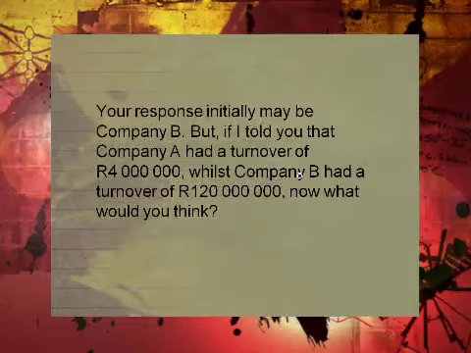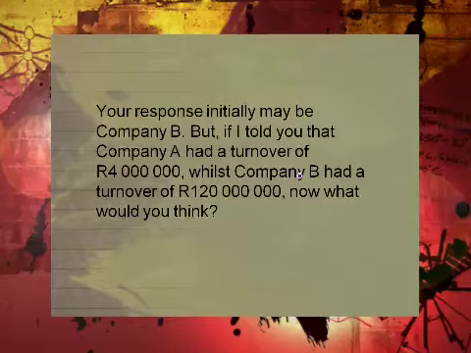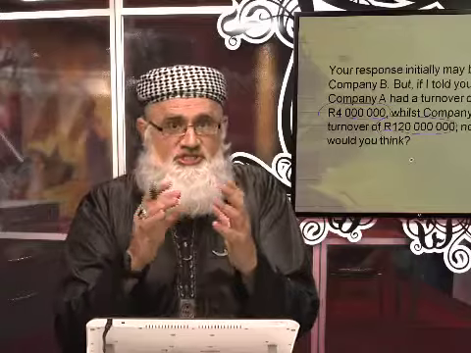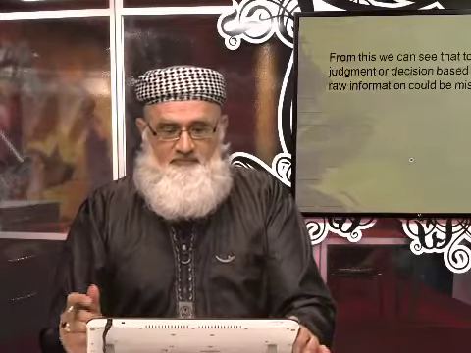What's your initial response? You might say definitely company B, but if I told you that company A had a turnover of only 4 million, whilst company B had a turnover of 120 million, now what would you think? Can you see? It changes the scenario completely.